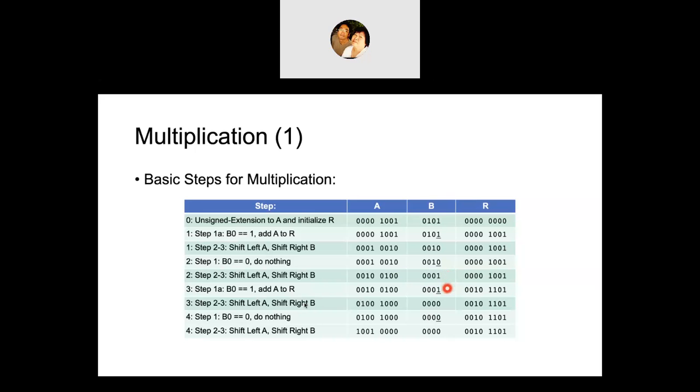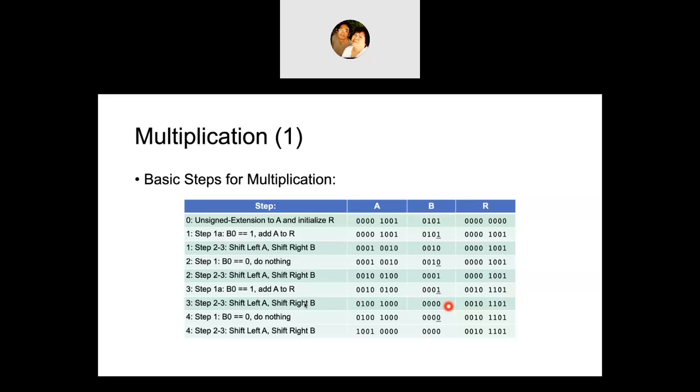In the third round, we test B0 again. At this time, B0 is 1. When B0 is 1, we have to add A to R, and this is the result. This is step 1a. And in steps 2 and 3, we shift left A and shift right B. And this is the third round.